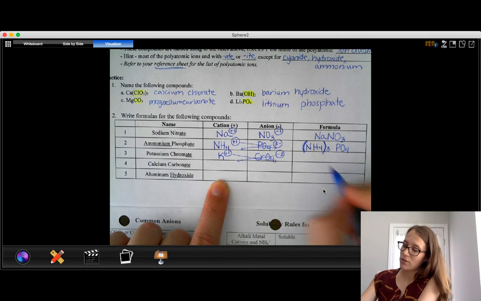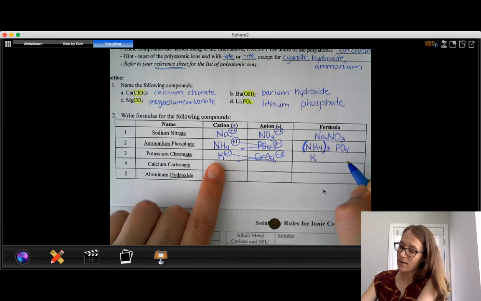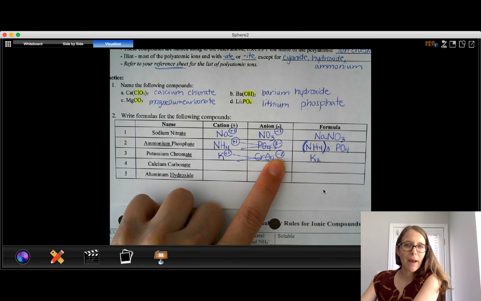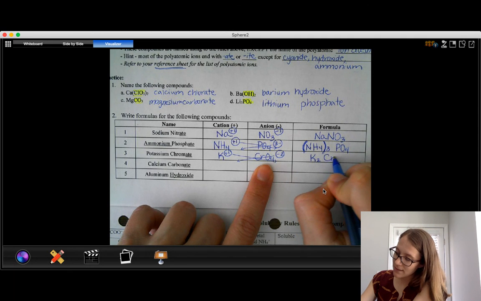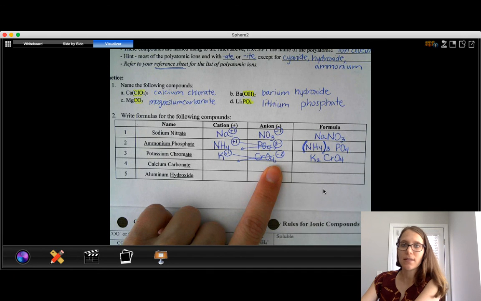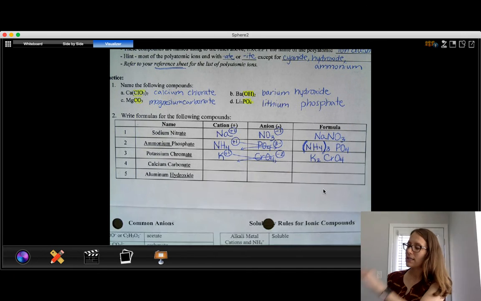So that's going to be a crisscross. Okay, I need to have 2 of them. Remember, we don't write plus or minus. Subscripts are just counting, so I don't write +2 or -2. It's just I have 2 potassiums. And then next, CrO4, I just need 1 of them, so I don't have to put parentheses. I don't have to write a 1. It's assumed to be 1 if I don't write anything.